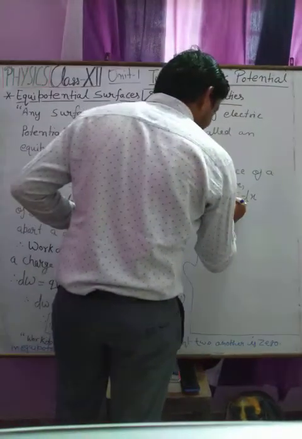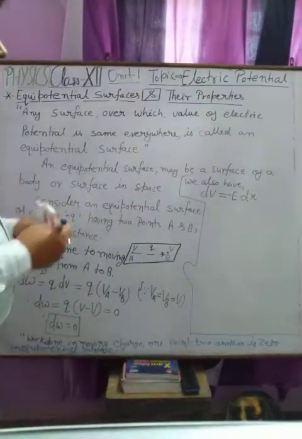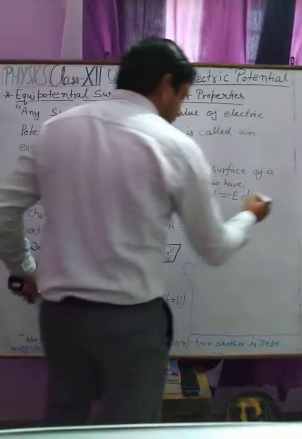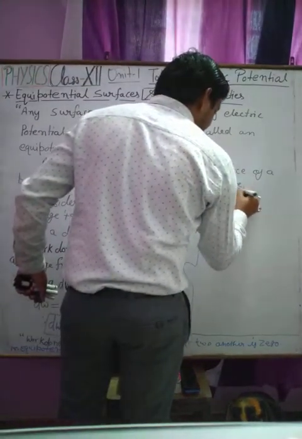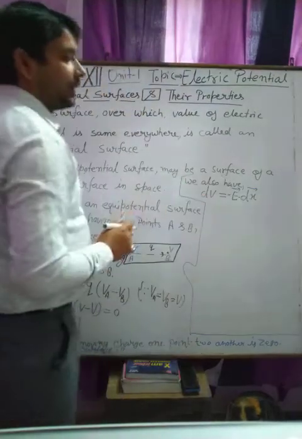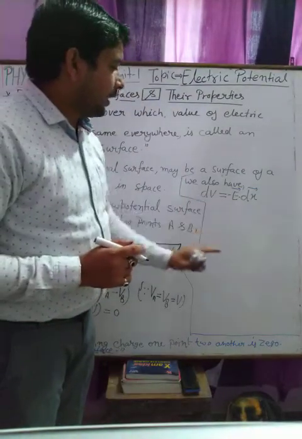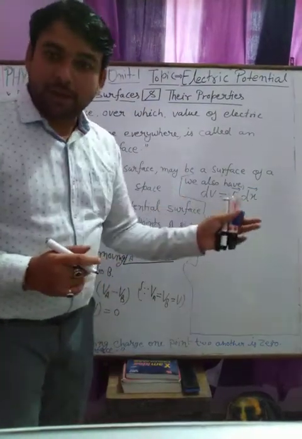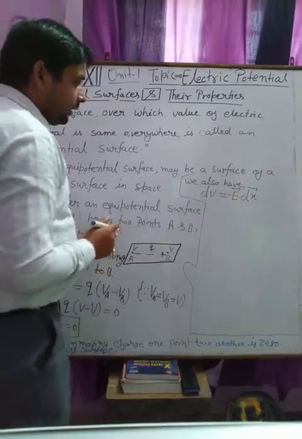Now we take this as negative E dx. Now potential is a scalar quantity, electric field is a vector quantity, and the distance moved against the force is also a vector quantity.